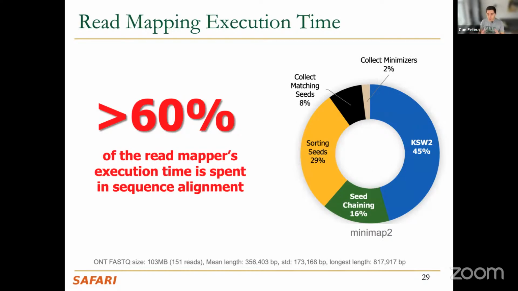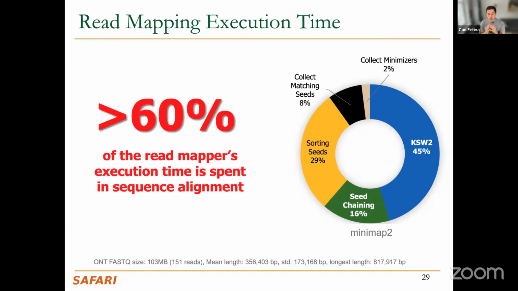Since the alignment algorithm is very costly because it requires filling up this dynamic programming table for every pair of sequences, where one sequence is coming from a certain region in the reference genome and the other one is coming from a certain region in the read, and these regions are defined by seed matches and other optimizations that we apply next, our goal is really to apply the alignment as few times as possible and only for the true regions.